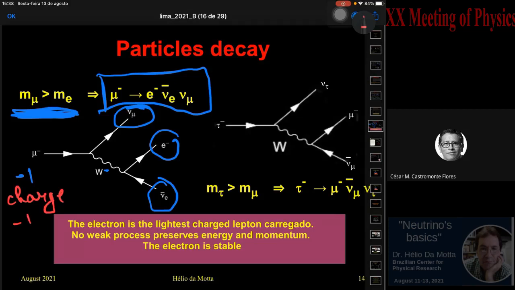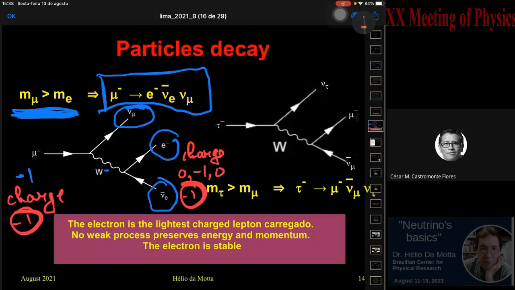On this side, the neutrino has 0 charge, the electron has -1, and the electron antineutrino also has 0. So the charge is also -1. It was preserved.